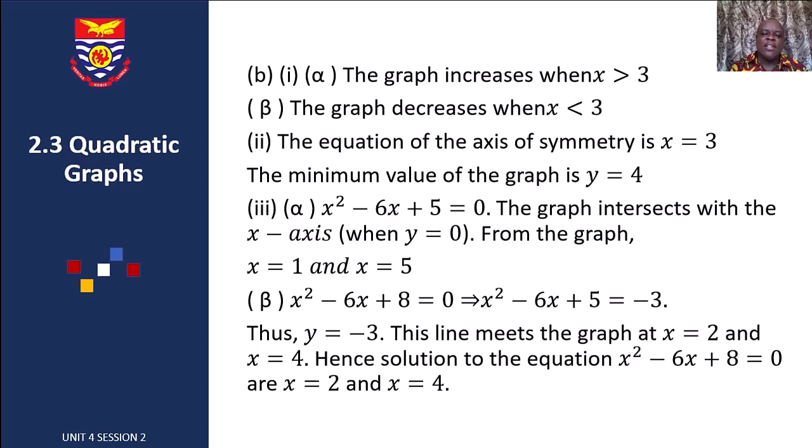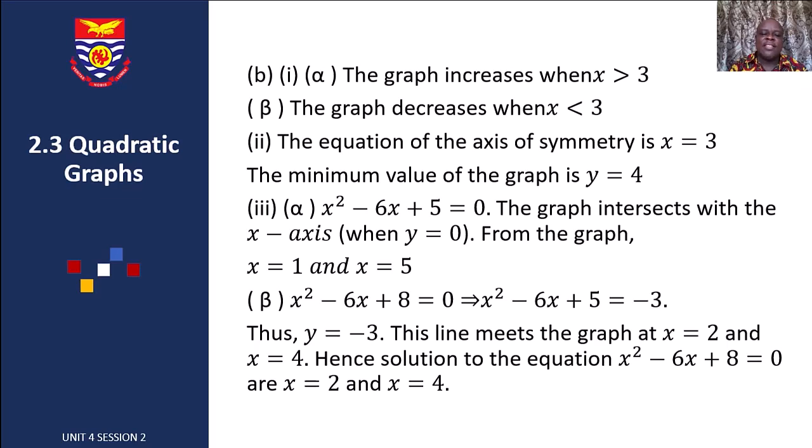We will subtract 3 from both sides of the equation because you cannot subtract it from only the left-hand side. When you do the subtraction, that equation becomes x squared minus 6x plus 5 is equal to negative 3.